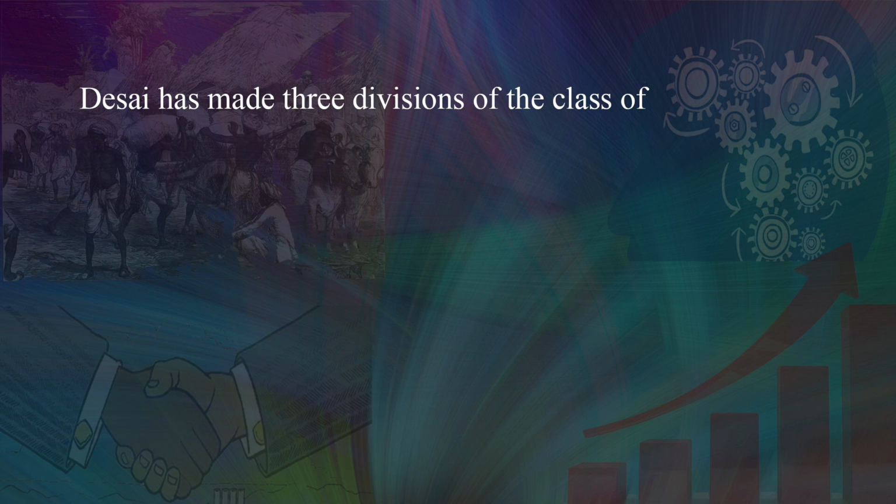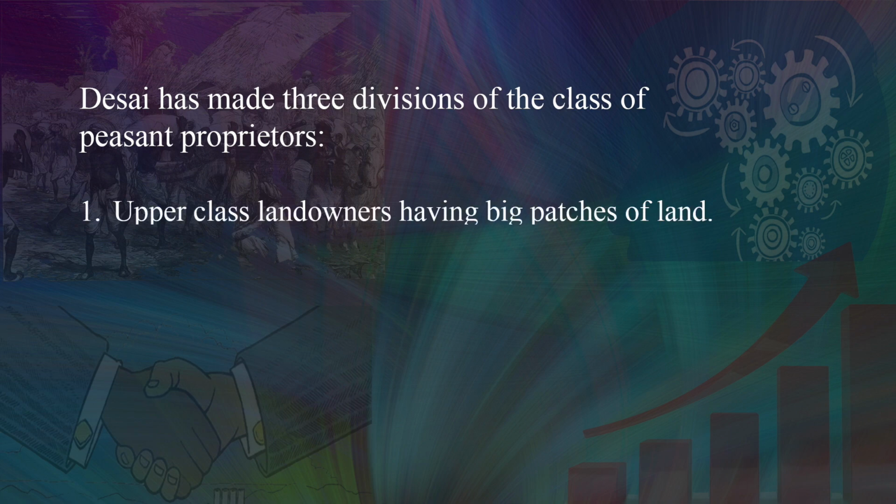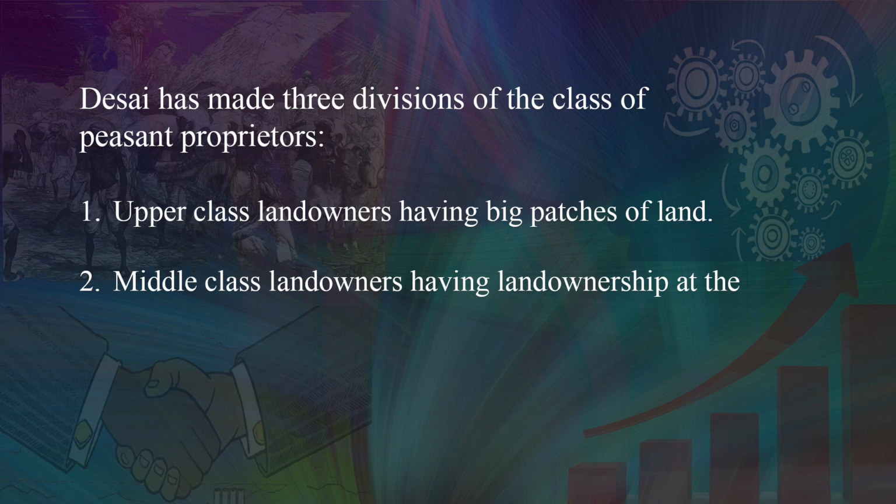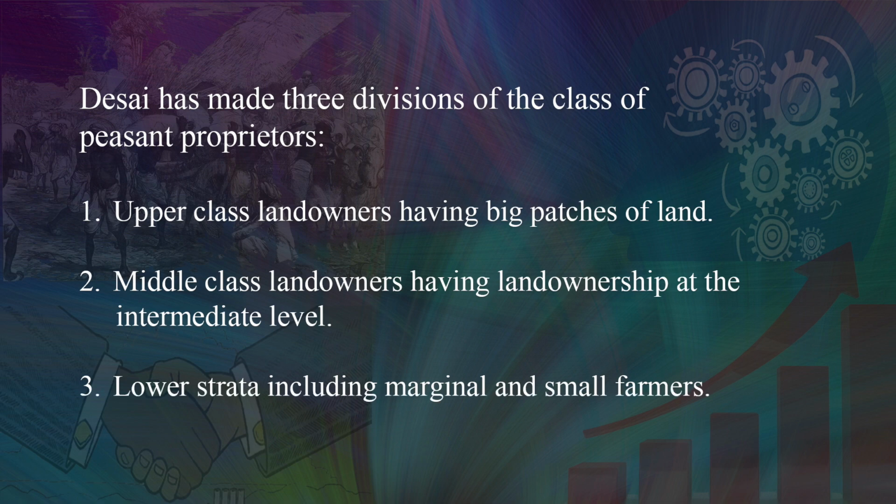Desai has made 3 divisions of the class of peasant proprietors. Number 1, upper class landowners having big patches of land. Number 2, middle class landowners having land ownership at the intermediate level. Third, lower strata, including marginal and small farmers.